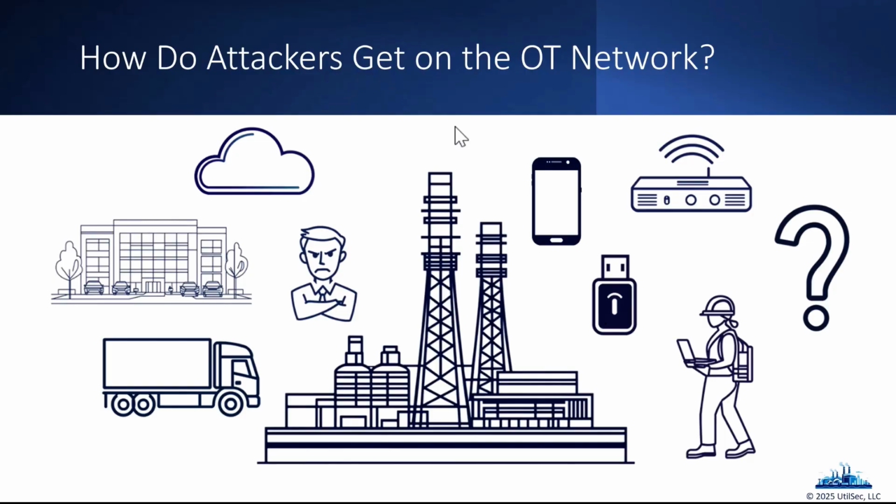What about disgruntled employees? We think of engineers or operators especially that have intimate knowledge of how the plant operates and how a process works. They understand the physics of the environment, and more importantly, from an attacker perspective, they understand what to do to cause damage.